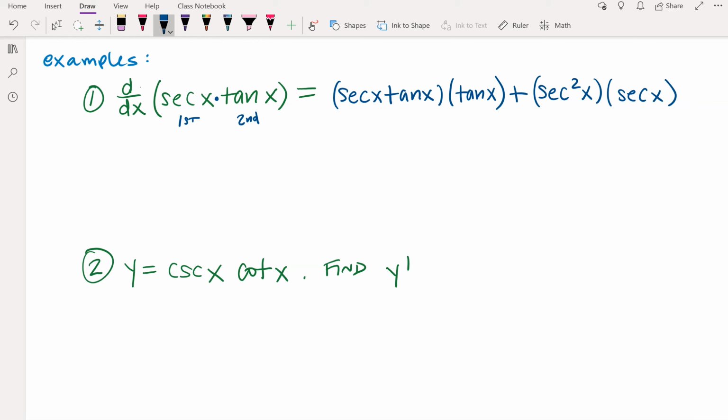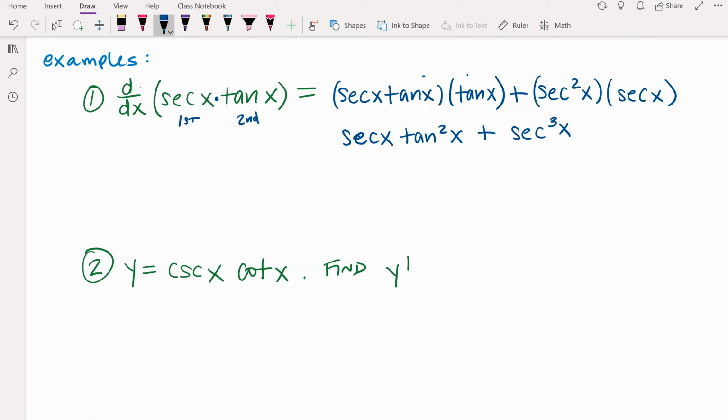And then you could simplify and factor. Let's notice how we can do those things. If we simplified this, we would get secant x and then tan squared x, because we have tangent times tangent. And then we have plus secant cubed x.